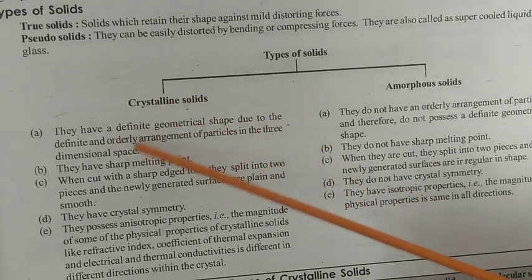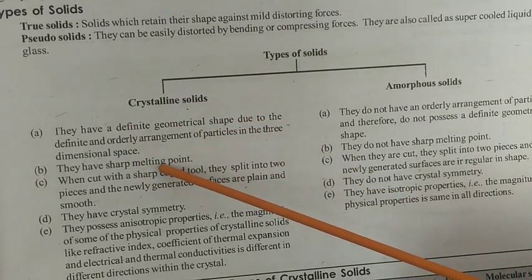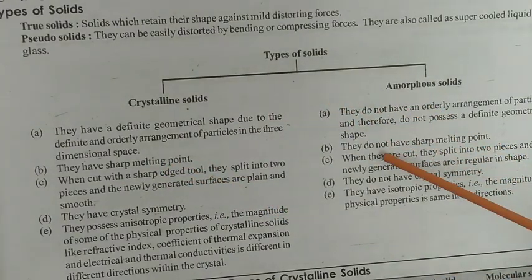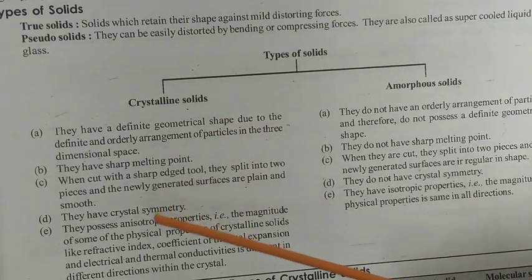Due to the definite geometrical shape, crystalline solids possess a very sharp melting point. Amorphous solids don't have a specific or sharp melting point. They melt gradually.